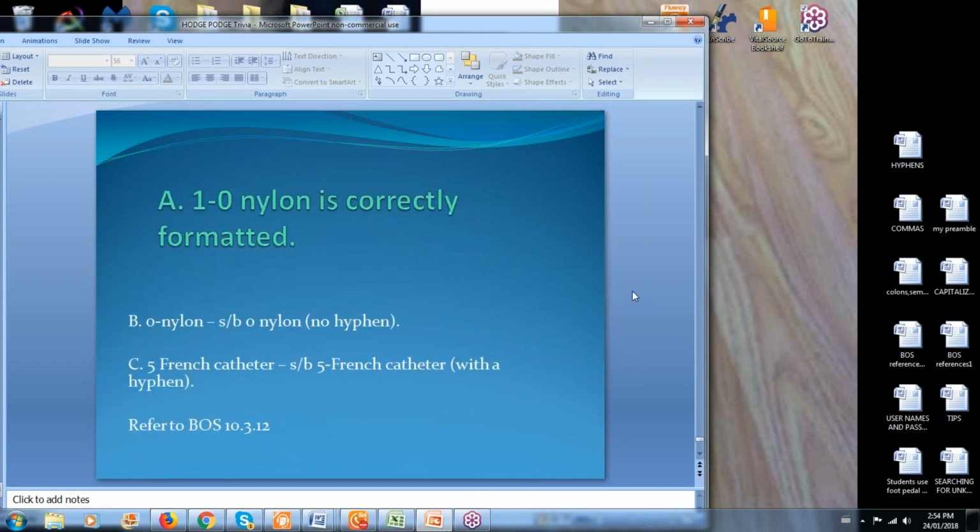Now, A is the only correct one. B, it should be 0 nylon, no hyphen. And 5 French catheter, 5-French should be hyphenated. So if you refer to BOSS 10.3.12, you'll see that.